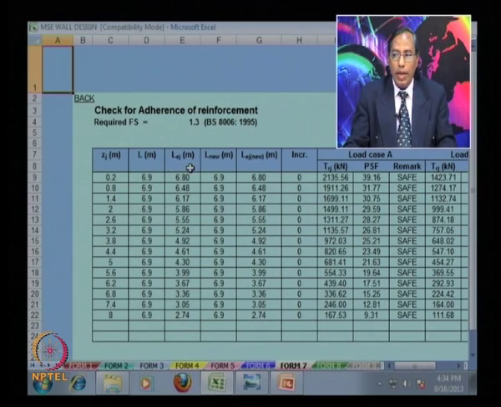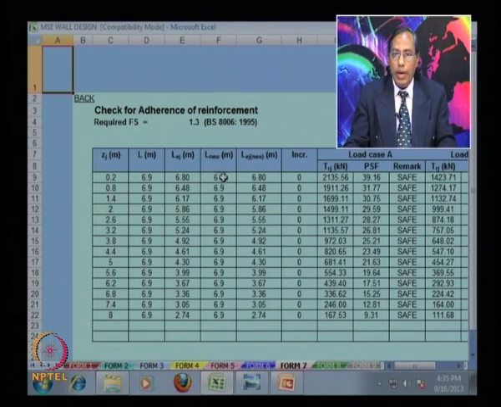And this is L of G, the embedment length: 6.80, 6.48, and then it continues up to ZJ of 8 meter, 2.74. This embedment length value is more on the top, and then gradually it is decreasing. It is like a failure surface, so what should be the length of the embedment length?